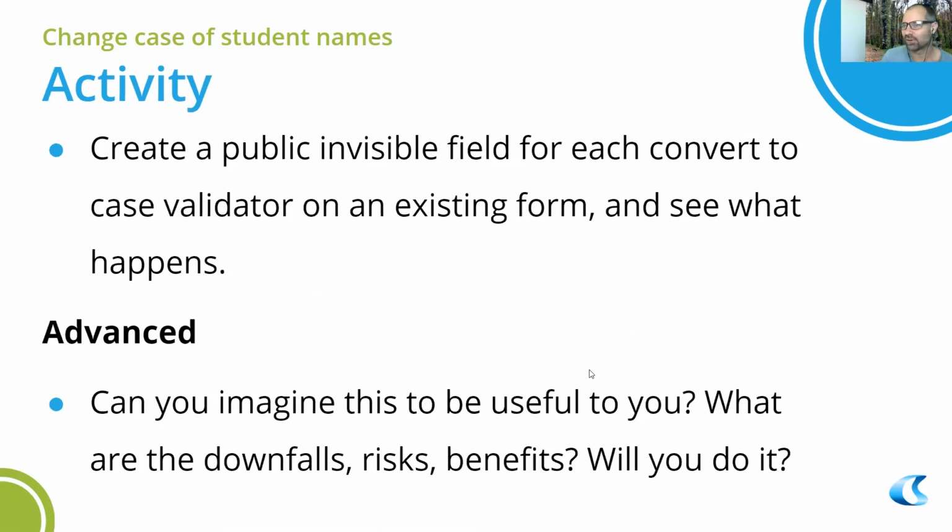Okay, so here's an activity for you guys to do. Create a public invisible field for each to convert to validator on an existing form and see what happens. You can create fields to put on your forms if you want to test this out, and just make them invisible or not seen on the public side, so you don't get students wondering what the heck's going on.